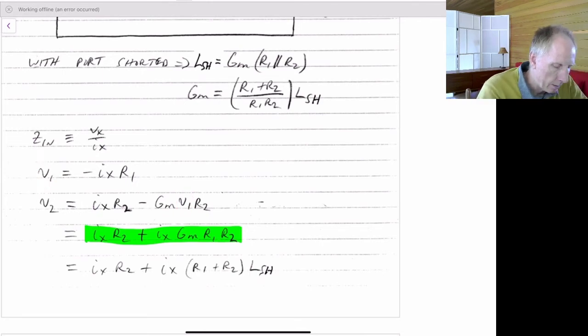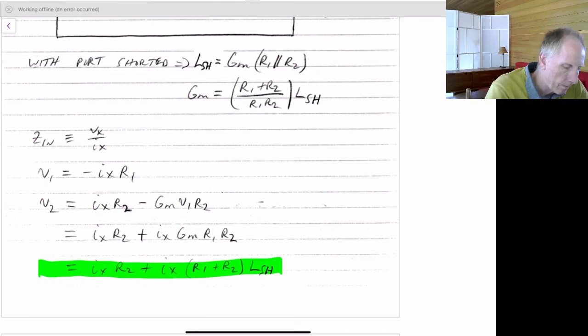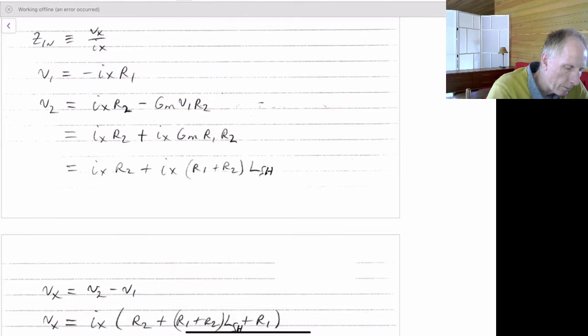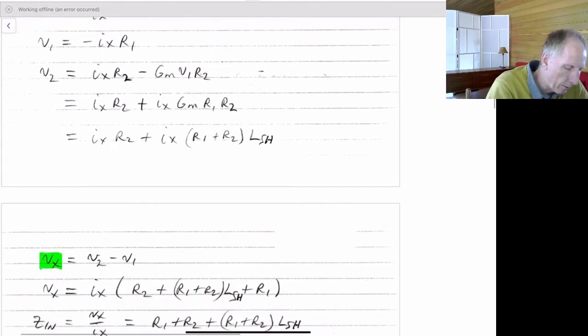We can then replace the GM term here by what we have up here. And we end up with V2 is given by this equation. Now, finally, we have that the actual voltage we're trying to find is V2 minus V1.